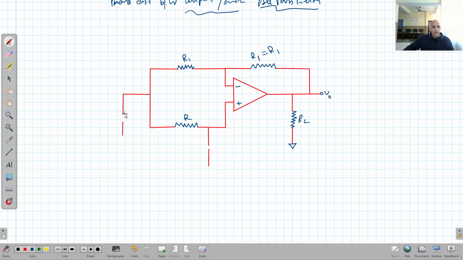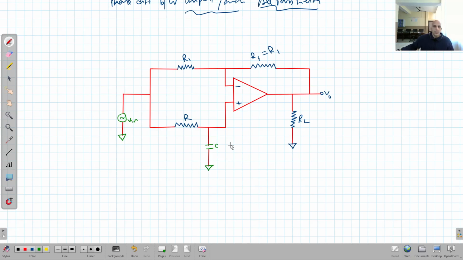You can have V input. This is again the virtual ground here. So here you will have a capacitor. This is C. Again it is virtual ground. Clear?